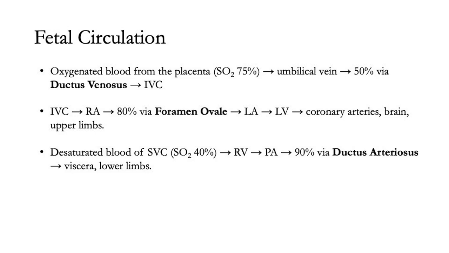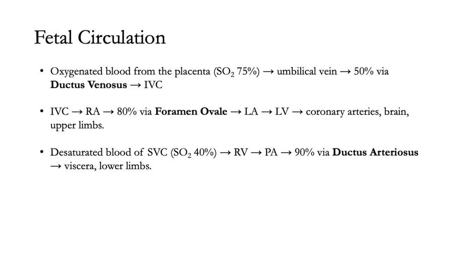The other 20% and the overwhelming majority of superior vena cava blood crosses the tricuspid valve and enters the RV. Blood from the RV is ejected into the pulmonary artery. 90% of this is shunted to the distal aorta via the ductus arteriosus. As a result, 2/3 of the total fetal cardiac output is provided by the RV, with the remaining 1/3 provided via the LV.